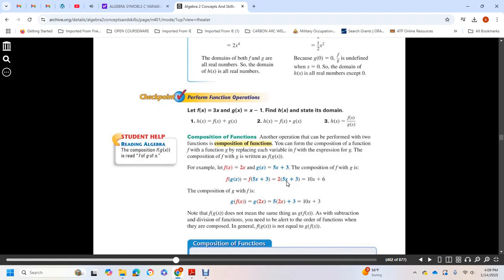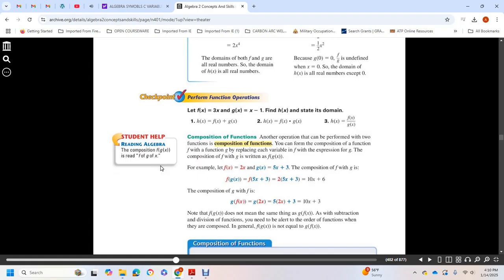Composition of functions. Another operation that can be performed on two functions is function composition. You can perform the composition of function f with function g by replacing each variable of function f with the expression for function g. The composition of f with g is written as f of g of x.